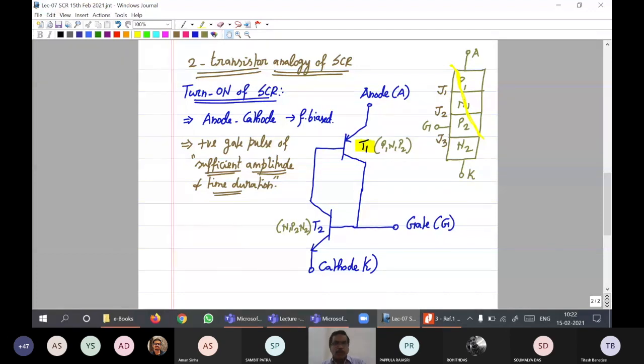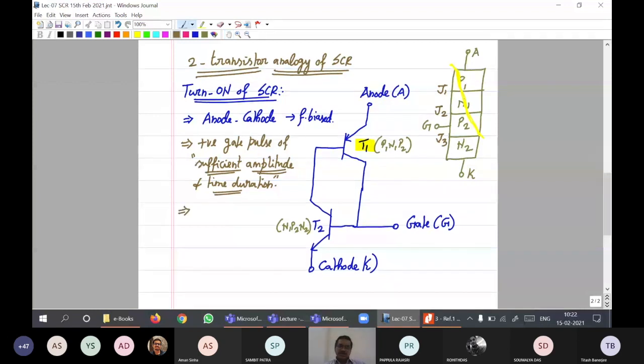To put it in simple terms, for turning on transistor T2, the base current, which is the gate current, should be of enough amplitude and enough duration. That's all. Now, the moment a gate pulse of sufficient amplitude and time duration is provided, T2 starts conducting.